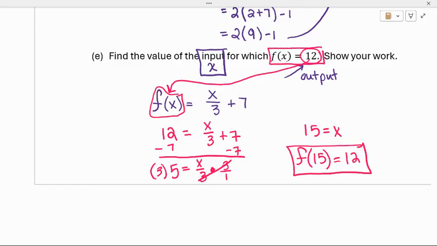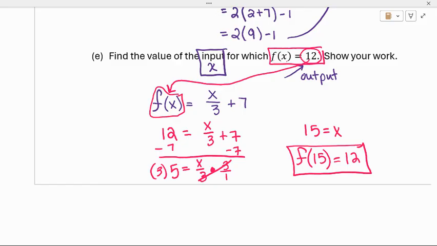So our function rule is x. Here's your x button, right here. Does everybody see the x button? It's this button right here. Okay, so we're going to hit x divided by 3 plus 7.